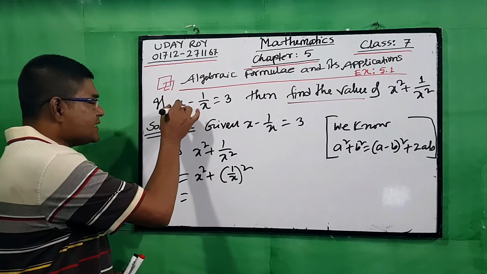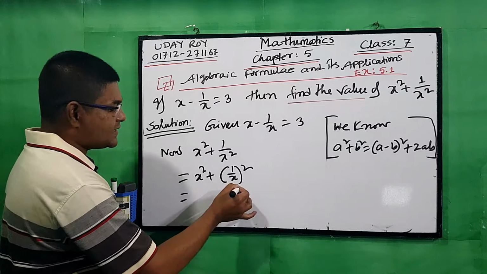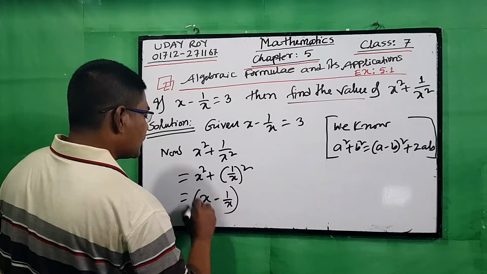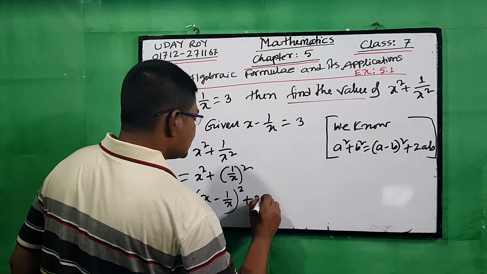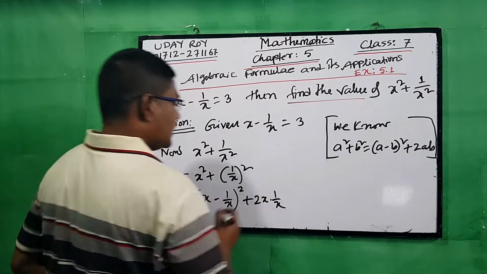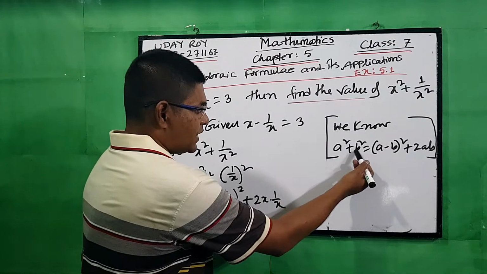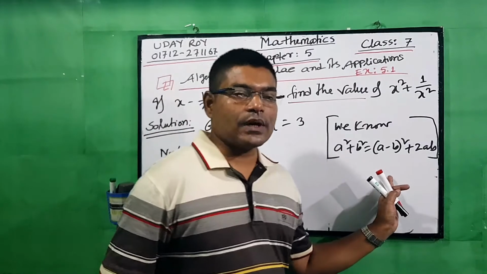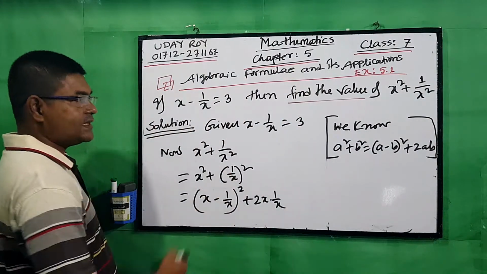So now come back, you can see A minus B whole square plus twice AB.